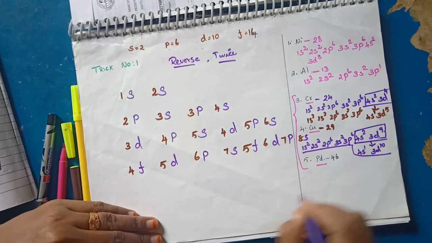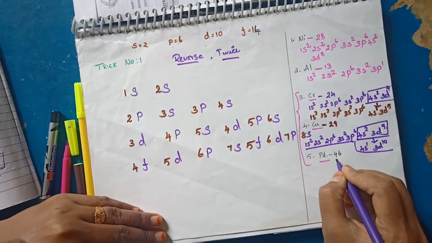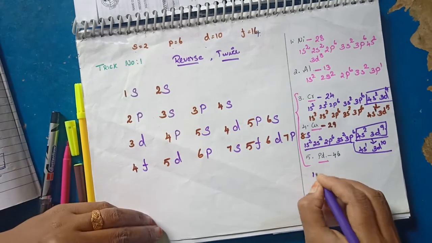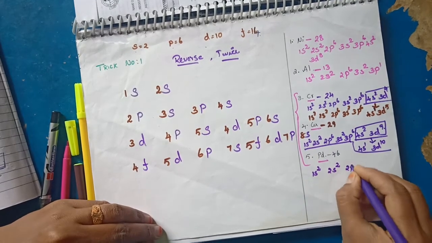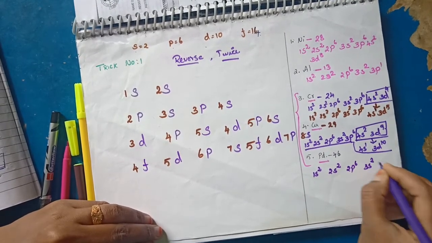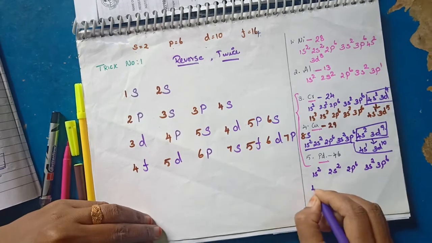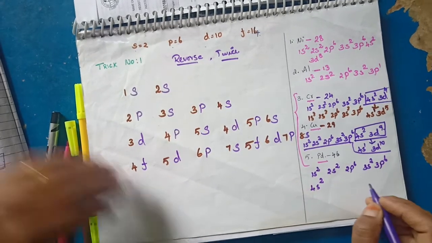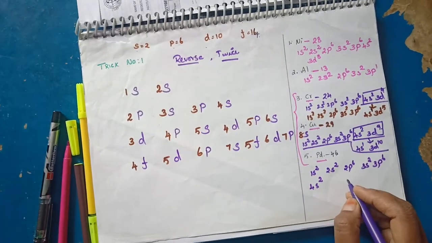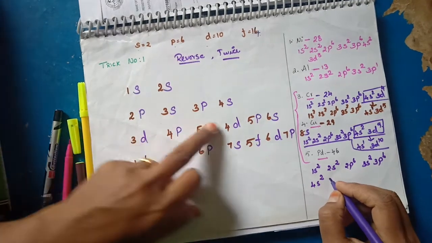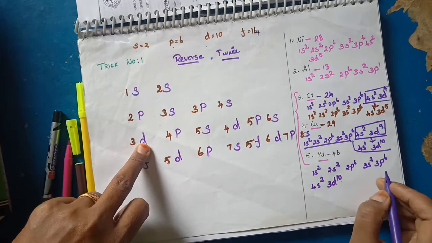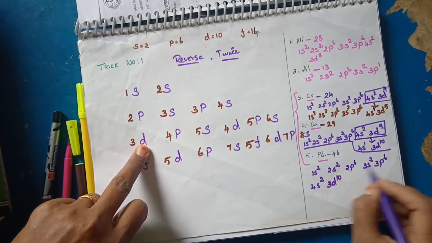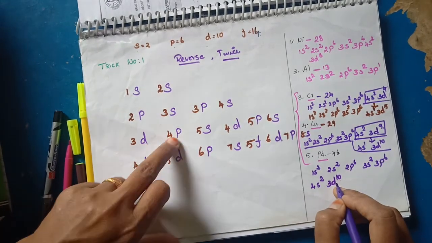Okay, the next one is palladium. Palladium's atomic number is 46. So while writing: 1s2, 2s2, 2p6, 3s2, 3p6, 4s2, and then 3d10. Now 10, 20, 30 is over.